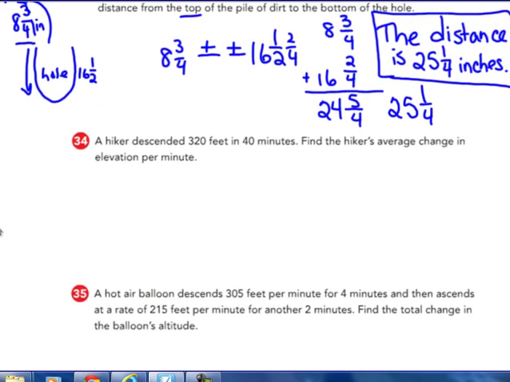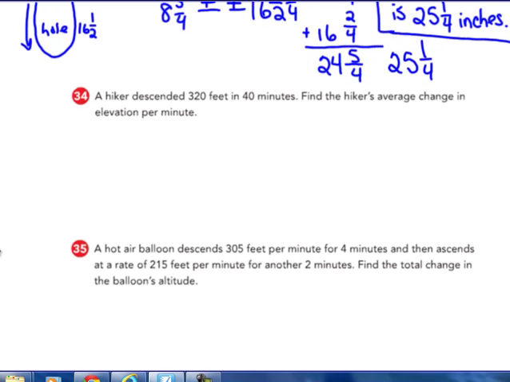Let's do number 34. A hiker descended 320 feet in 40 minutes. So he's going down a mountain, for instance. Descended. Find the hiker's average change in elevation per minute. Oh, this is a rate question. Elevation per minute. How is he going down feet per minute?